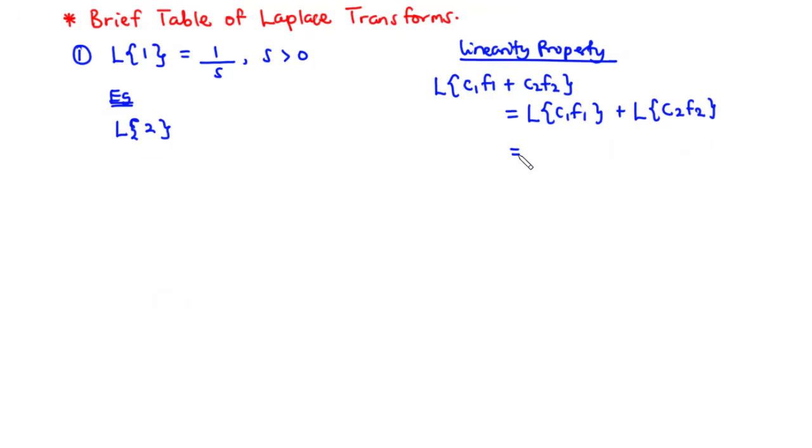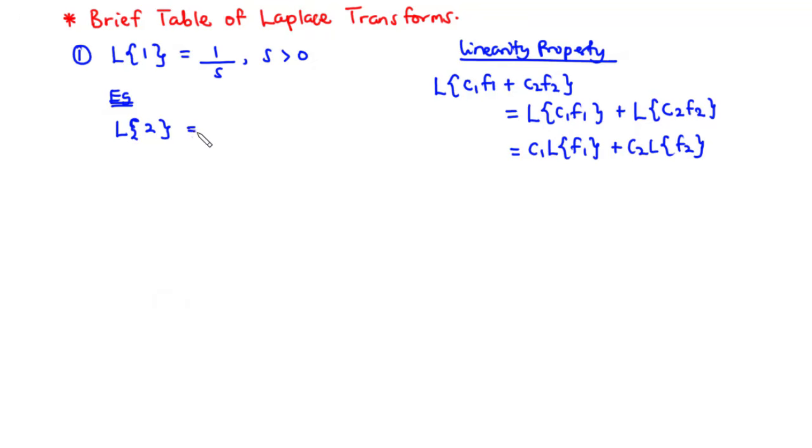Now, because c1 and c2 are constants, we can pull them out so that we have c1 times the Laplace transform of f1 plus c2 times the Laplace transform of f2. So basically, that is what we are going to use here.